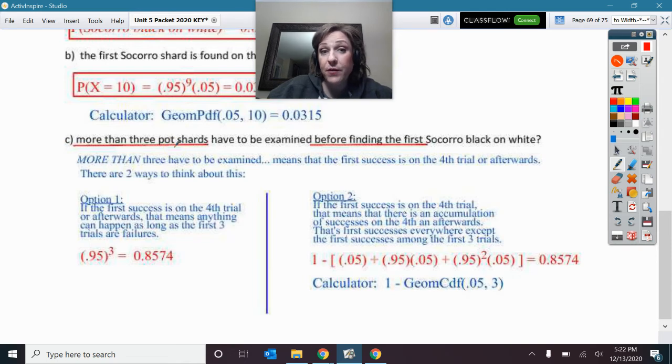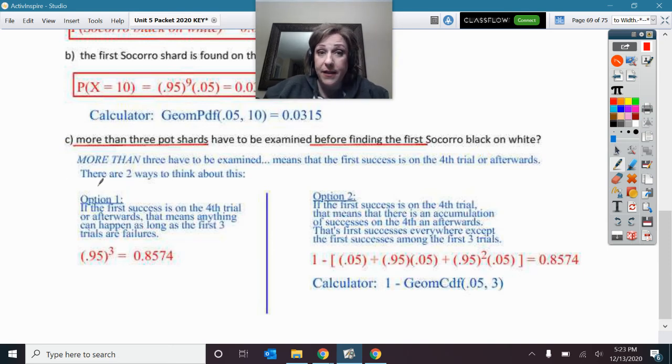There's actually a couple of ways you can think about this. More than 3 have to be examined means the first success that occurs is on the 4th trial or afterwards. The first success is the 4th or the 5th or the 6th or all those other things. 100%, all that stuff out there except for this piece that's in front.